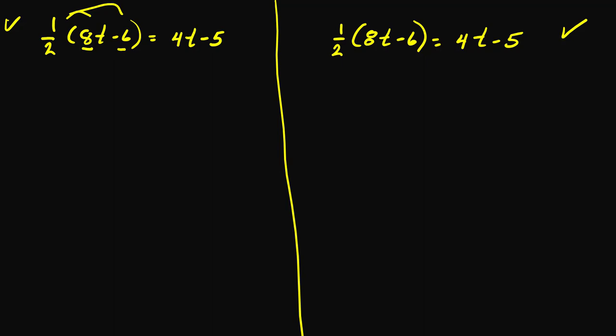And 1/2 of 8t will give me 4t, and then -6 divided by 2 will give me -3, and then that equals 4t subtract 5.